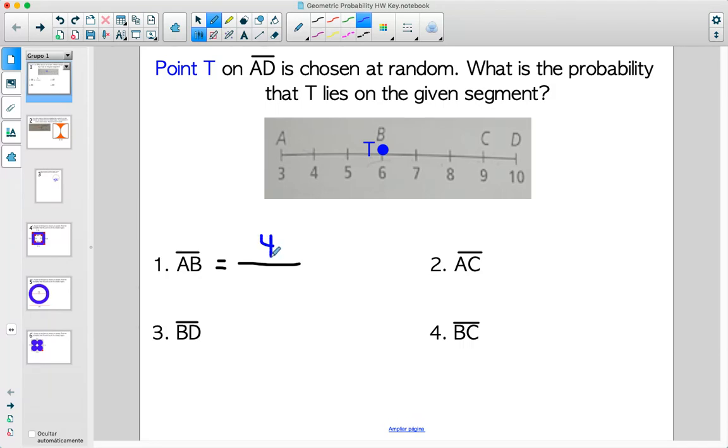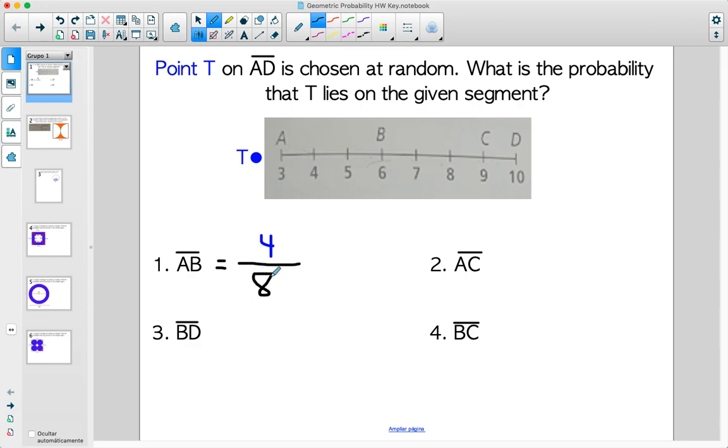And then on the denominator, we need to write the length of the whole segment. The length of the whole segment is from 3 all the way to 10, so you include the starting point. So that's 1, 2, 3, 4, 5, 6, 7, 8. Okay, so we have 4 out of 8.